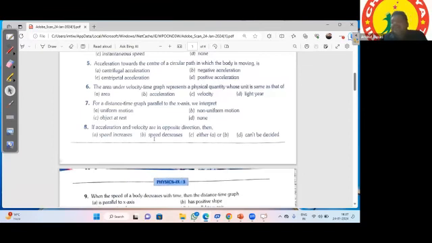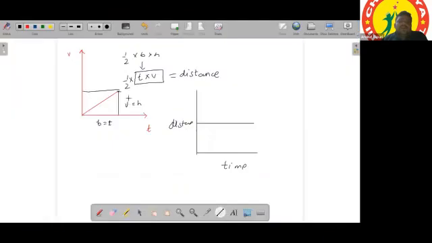Let us see an example. Suppose you are cycling and moving towards the right. If you are moving along this direction, this will be your direction of velocity, in the positive direction.